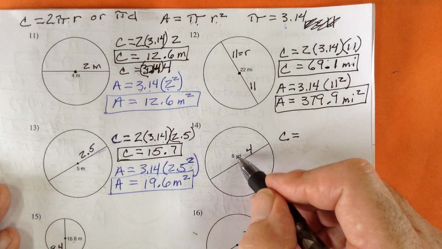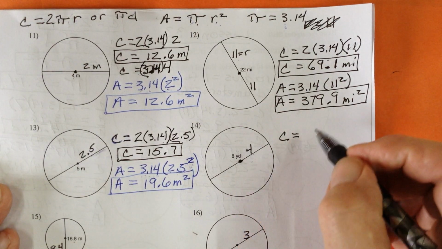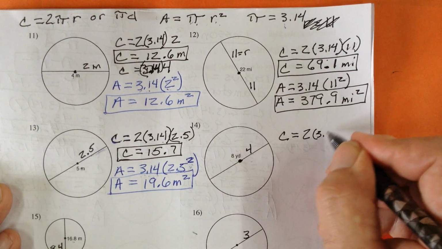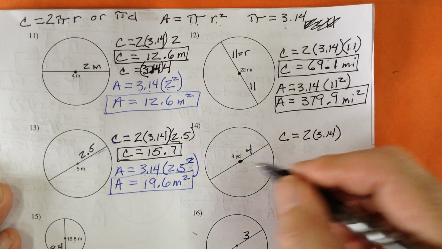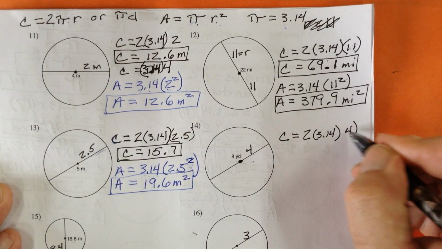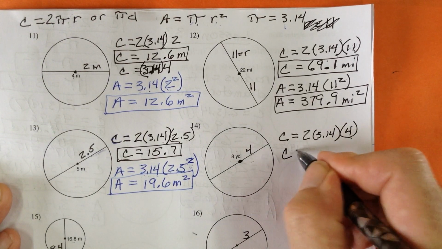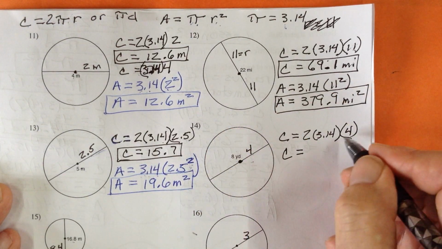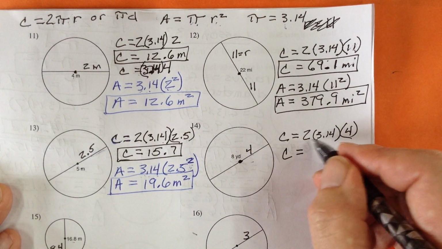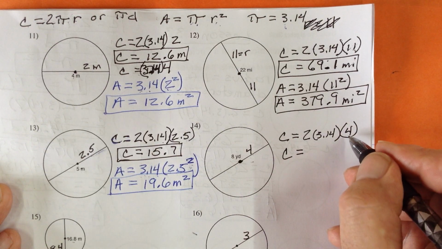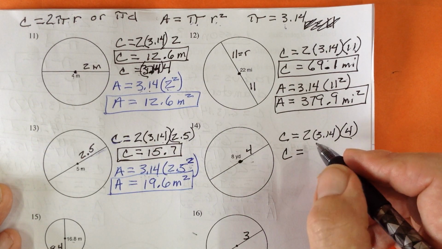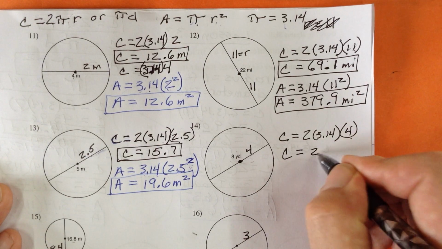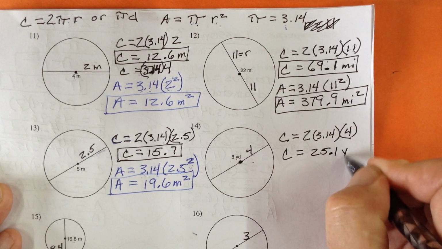So the radius is half the diameter, which is 4. So here if I go 2 times 3.14 times 4, the circumference, the distance around the outside, rounded to the tenths place, I ended up with 25.1 yards.